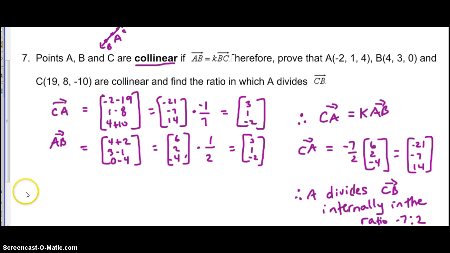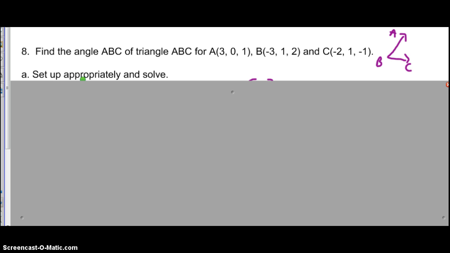Okay, let's try the last problem, number 8. And 8 is very similar to 7.3. We're talking about angles and finding our angle. And we're going to be using our cosine rule. And we'll set this up in 3D the same as we would in 2D. So we want to know our angle ABC of our triangle.